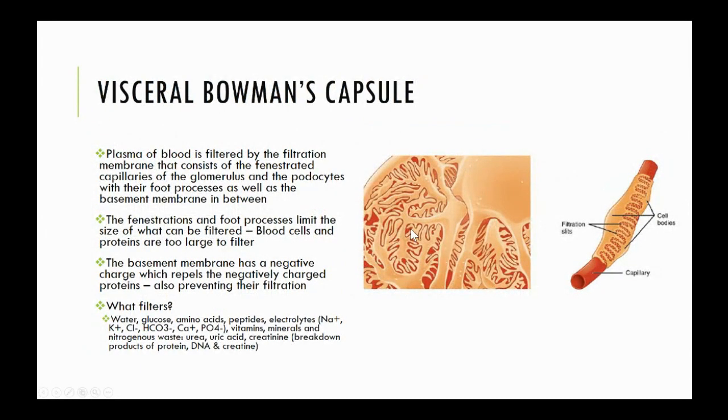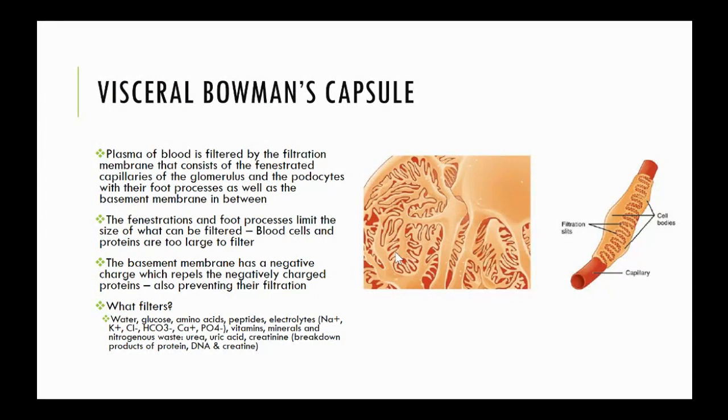So the plasma of our blood gets filtered by the filtration membrane, with the fenestrated capillaries of the glomerulus and the podocytes with the foot processes. The fenestrations and the foot processes limit the size of what can be filtered, because blood cells and proteins are too large to filter through. So what actually filters?